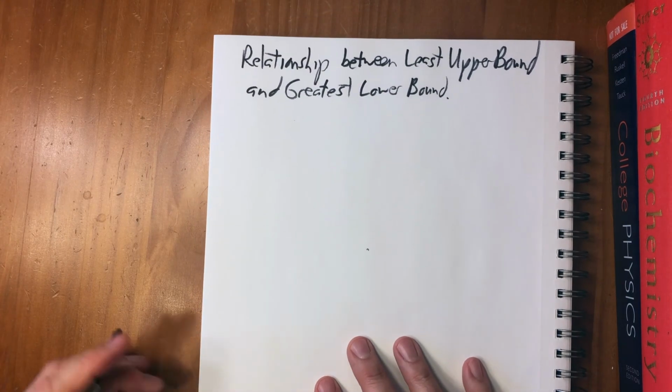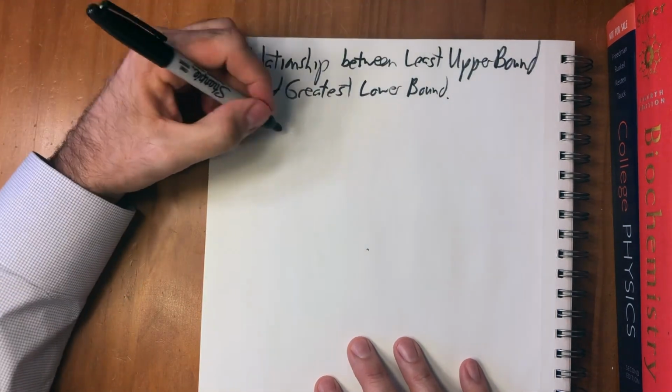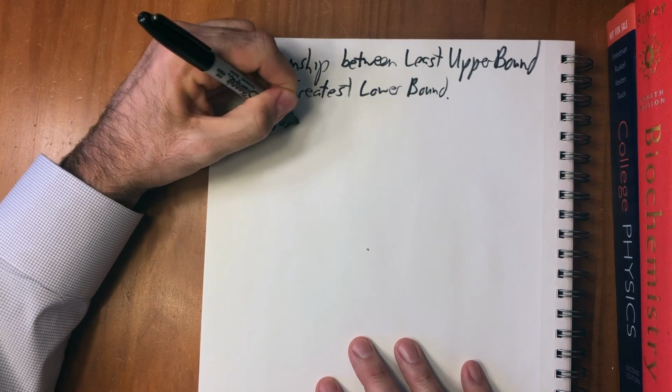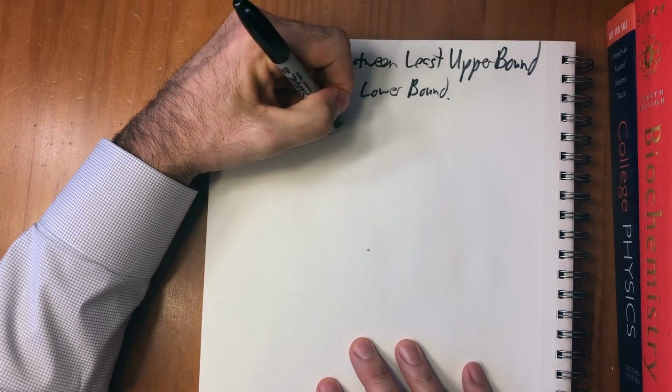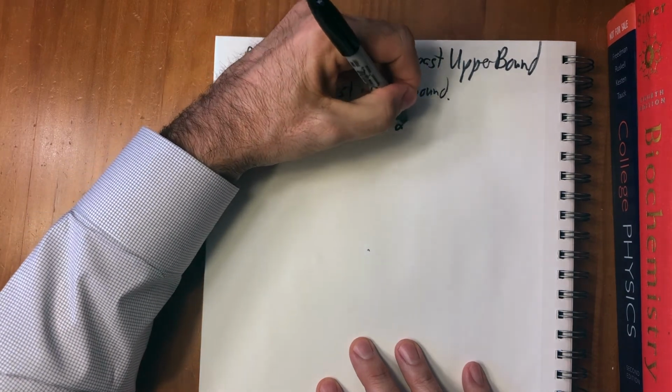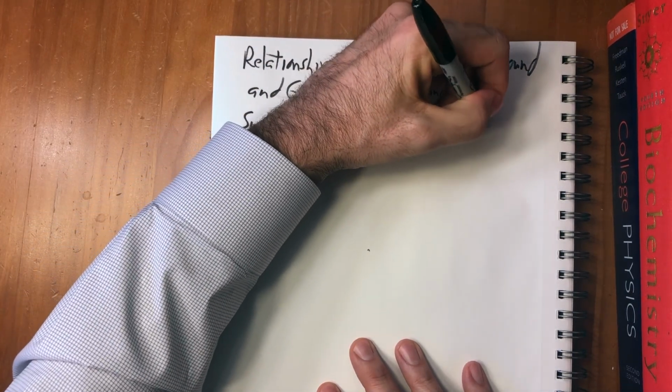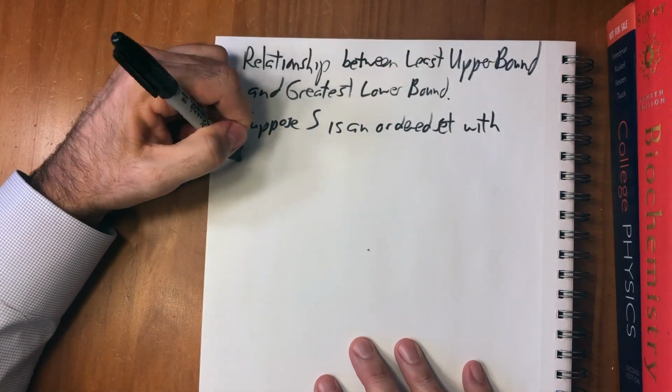Okay? To state that relationship, suppose that S is an ordered set with the least upper bound property.